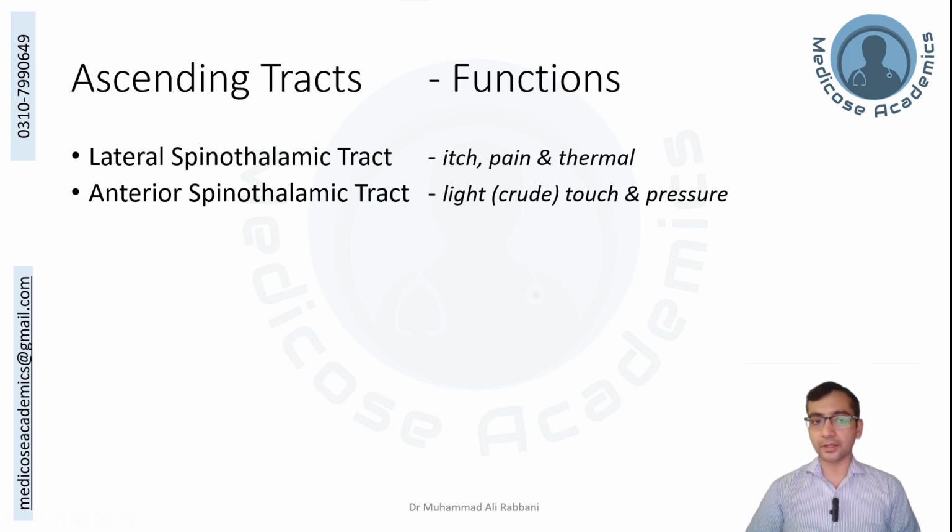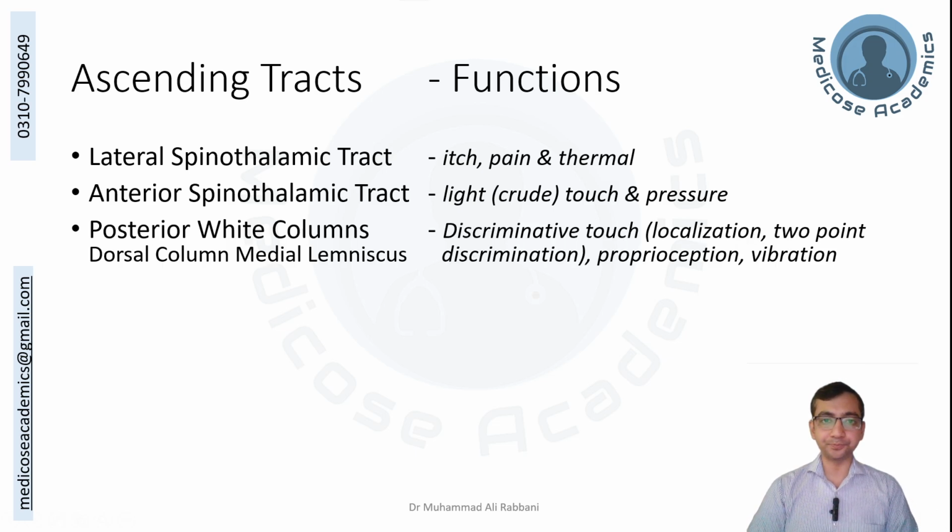The anterior spinothalamic tract carries the sensations of light touch, crude touch. This is the sensation that you get when you rub a piece of cotton on your skin. Touch and pressure: let's say you press deeply on a tendon, that is the sense of pressure that is carried by the anterior spinothalamic tract.